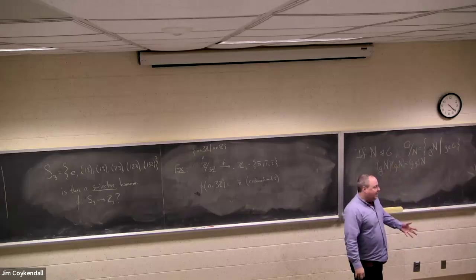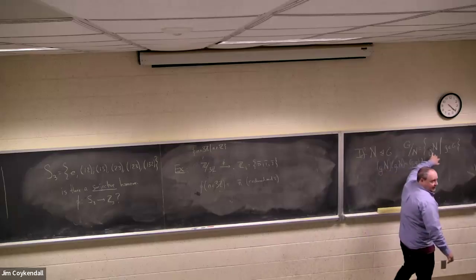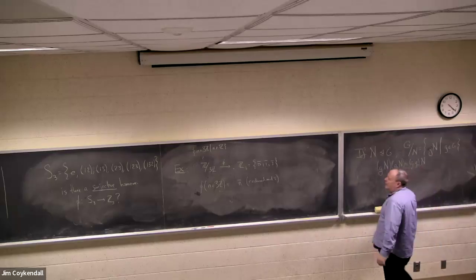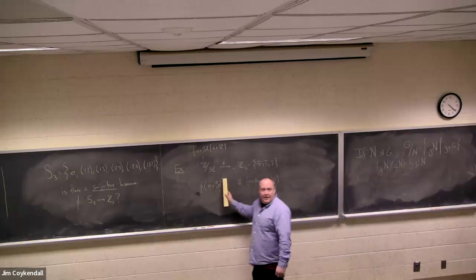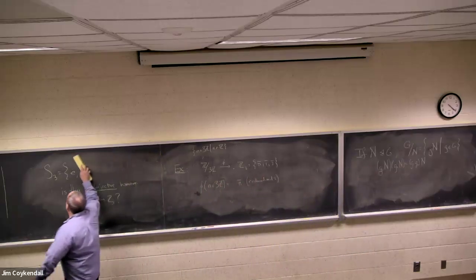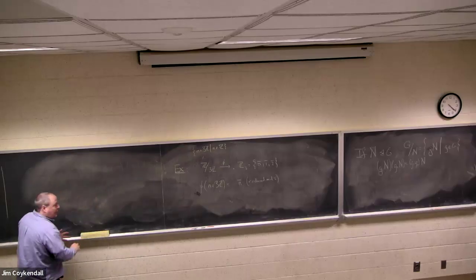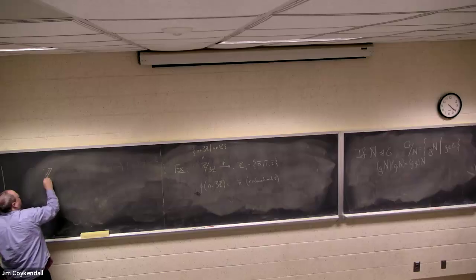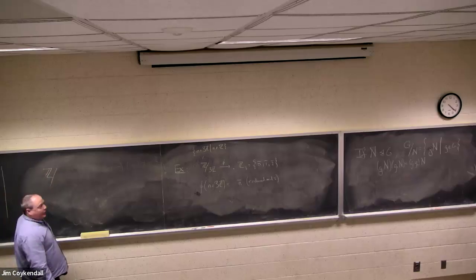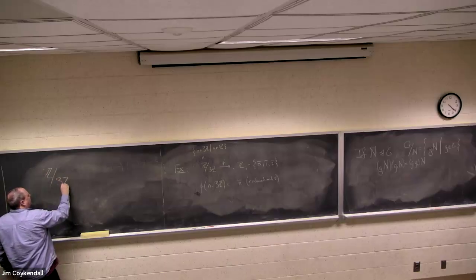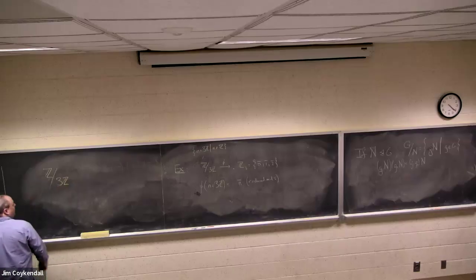That familiar to you? And that's what this is, G mod N. This is the same stuff here. The only difference is the group is abelian and I used additive notation. So here, the role of G is played by Z, and the role of N is played by 3Z.